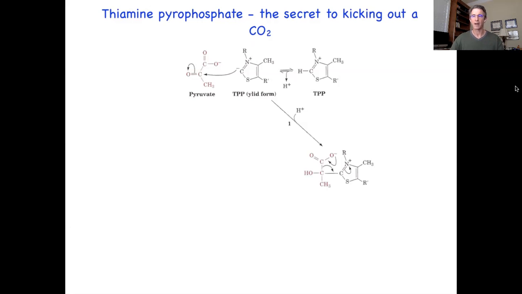Now, decarboxylation of the pyruvate is massively more favorable, because if we now pull those electrons over here, split that bond, we now have a nice deep resonance into that positively charged nitrogen on that thiazolium ring that can stabilize that nascent carbanion.